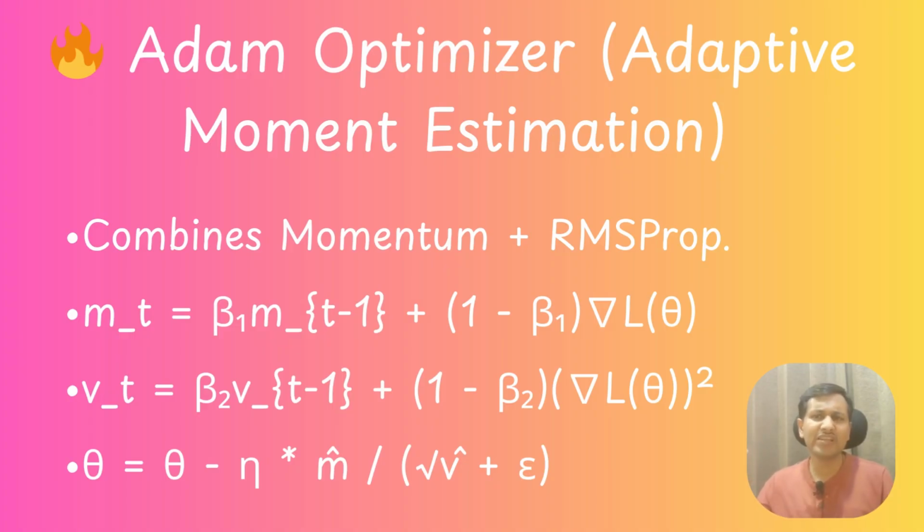Vt is equal to beta 2 times the velocity at t minus 1, plus 1 minus beta 2 times delta L theta squared. Then theta is equal to theta minus learning rate times momentum divided by the square root of velocity plus sigma. This is the Adam optimizer, which is the most effective as well.